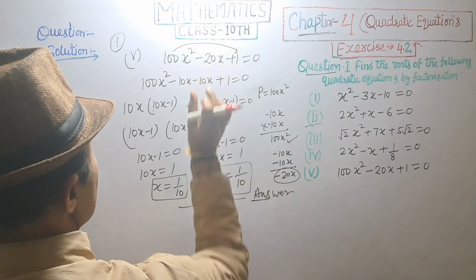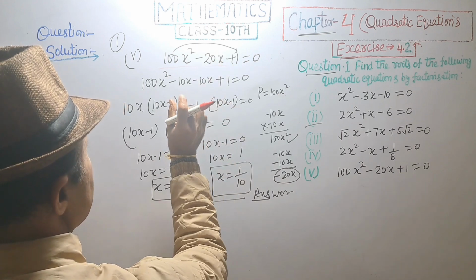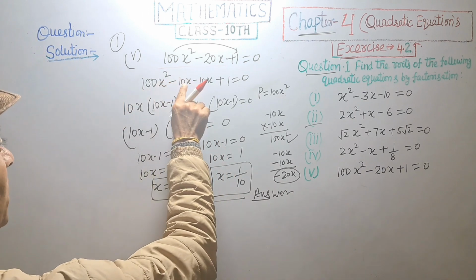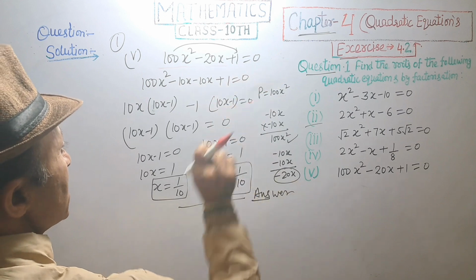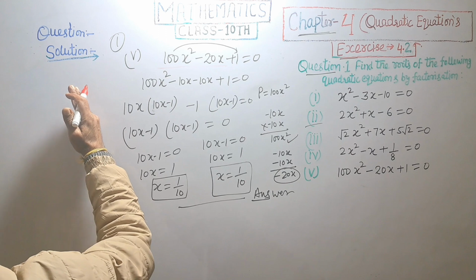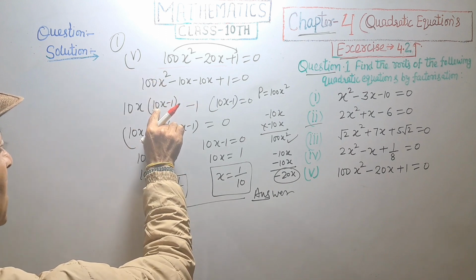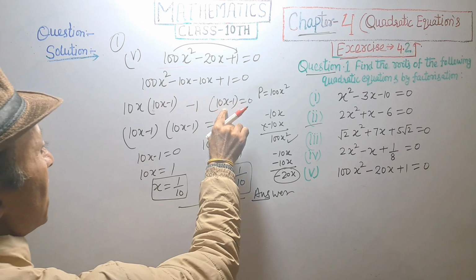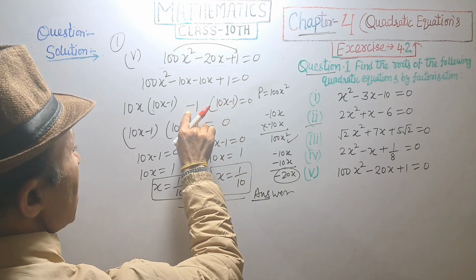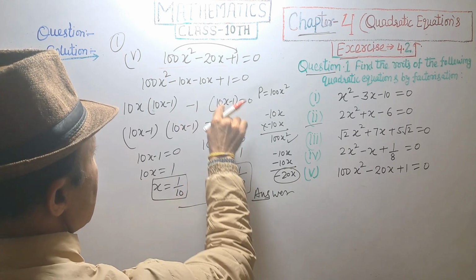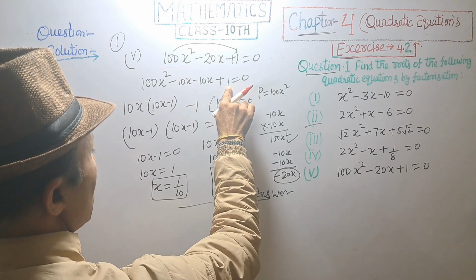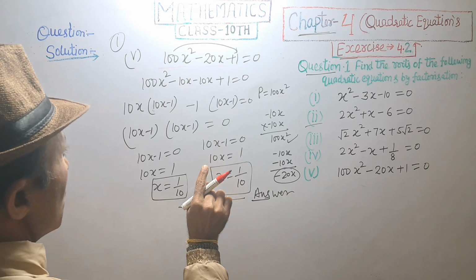So split minus 20x as minus 10x minus 10x. 100x² minus 10x minus 10x plus 1 is equal to 0, and taking 10x common, in bracket 10x minus 1, and here in bracket 10x minus 1 also, and taking minus 1 common, minus 1 multiplied by 10x is minus 10x, and minus 1 multiplied by minus 1 will be positive 1 equal to 0.